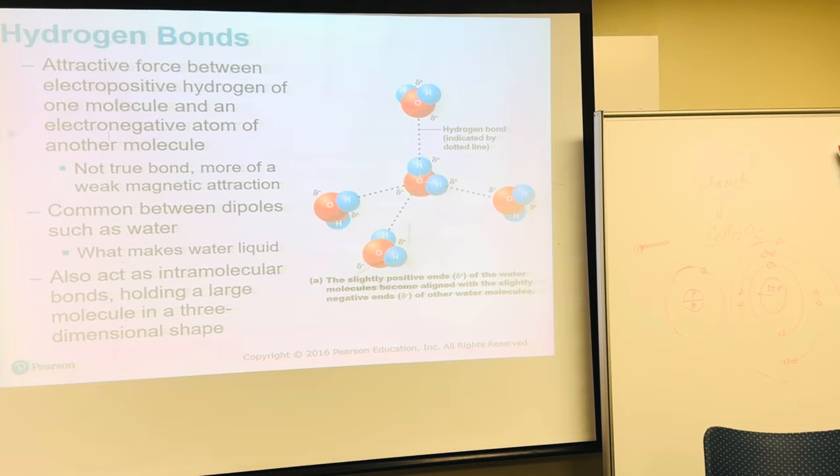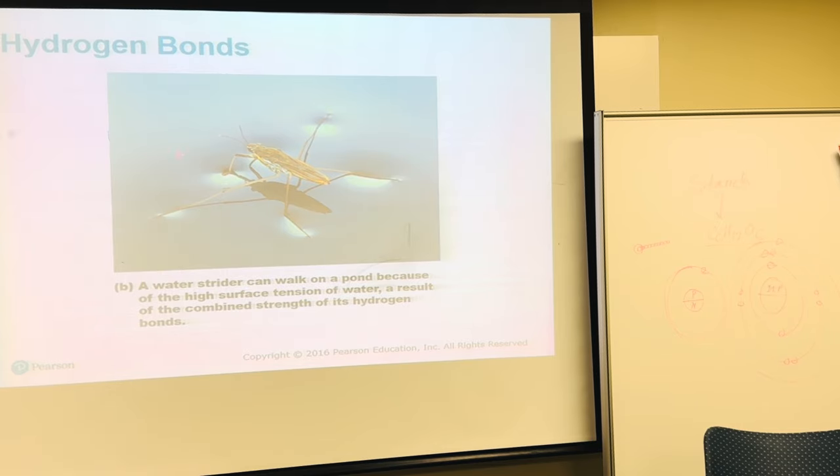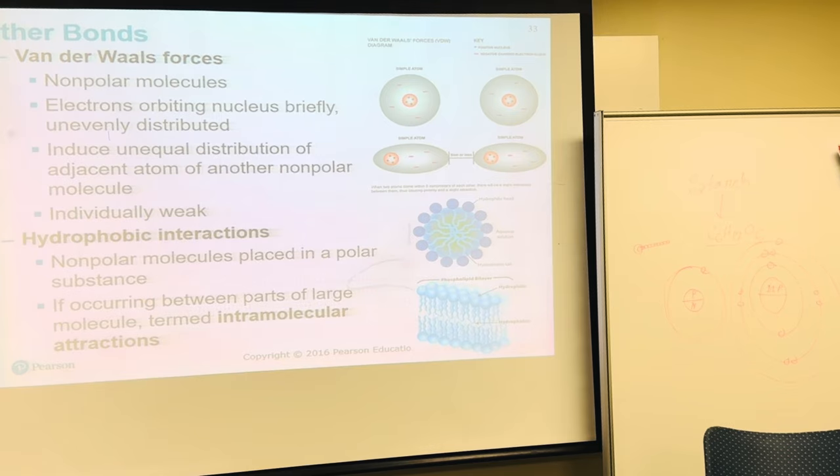Due to the hydrogen bond, all these water molecules stay together and make surface tension, so that other animals can actually walk on it. There is also attraction between the water molecules and the molecules of other objects. That is called surface tension.